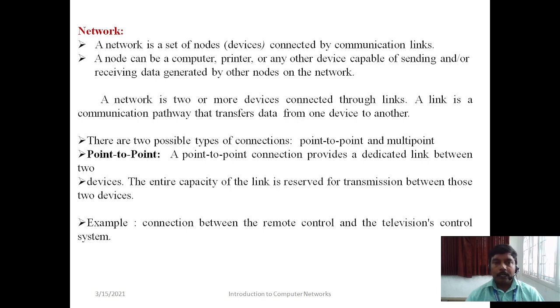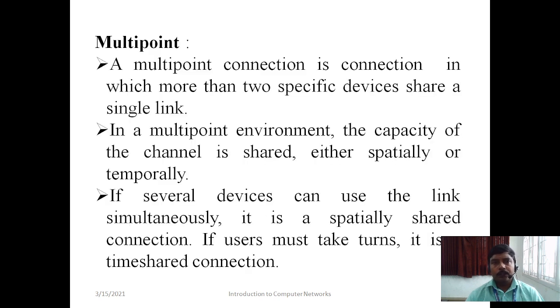The communication between two devices is so fast. An example is the connection between the remote control and the television's control system. This usually happens in households. In every household we have a television system where we can use a remote to control the television in a point-to-point manner. The other type of connection is called multi-point.